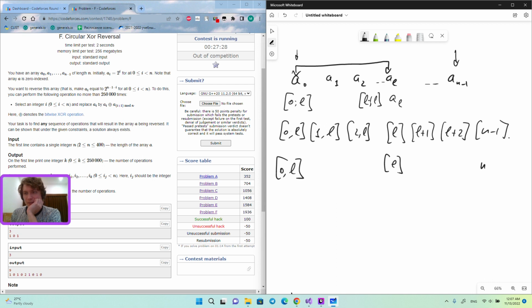Then I have n minus 1L, n minus 2L, and here I have L plus 1L. And now when I add it here, I have... So this is actually the sum of all numbers. And here I can get L plus 1, L minus 1. Yeah. And here I have 2L.